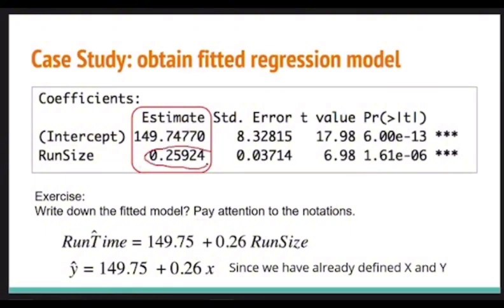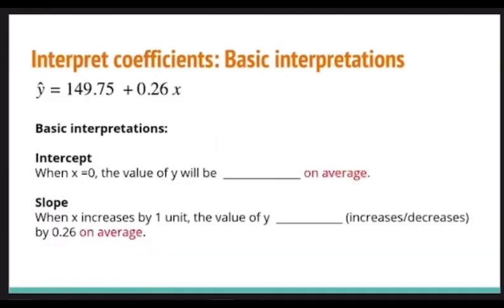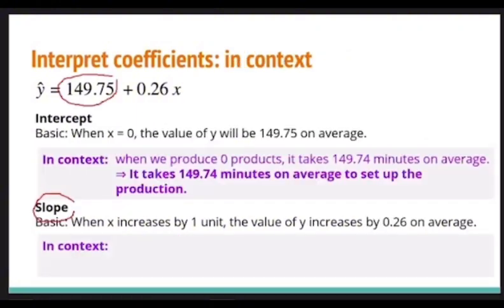When the slope is positive, you mention increase. When the slope is negative, you mention decrease. Okay, so the basic interpretation now is when s increases by 1 unit, the values of y increases by 0.26 on average.